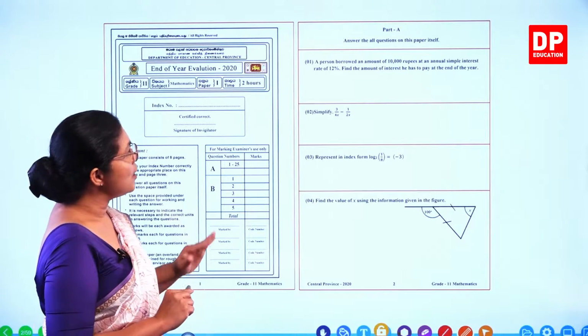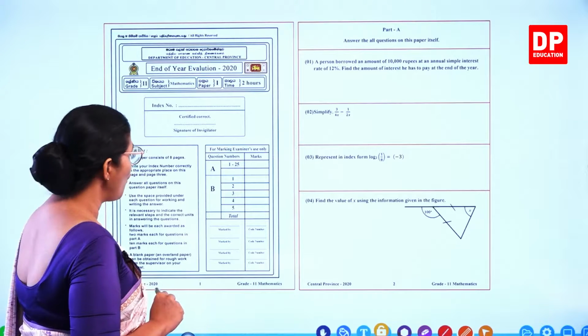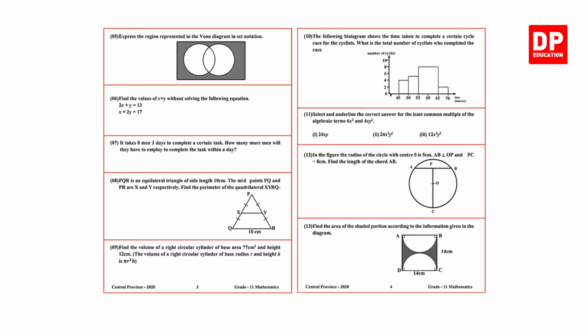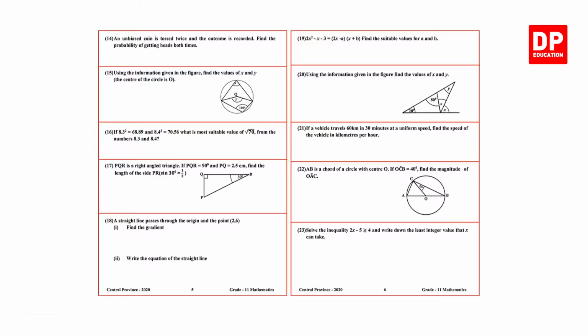So in the first page, you get questions 1 to 4. Then you get 5 to 9. Then 10 to 13. Question number 14 to 18. And then 19 to 23.